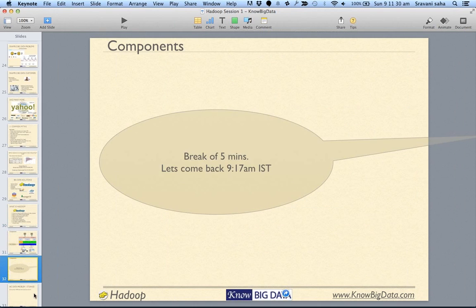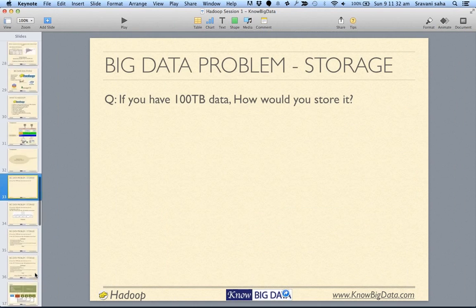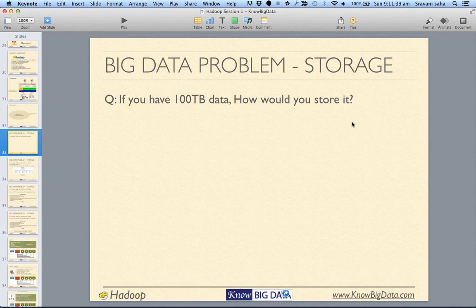All right. Now, my question to you is, if you have 100 terabyte of data, how would you store it? Anybody? Imagine this, that you are living in a hostel, and all of you decide that you will have a central way of storing data.